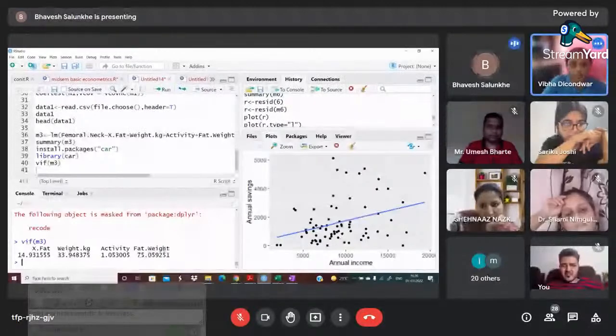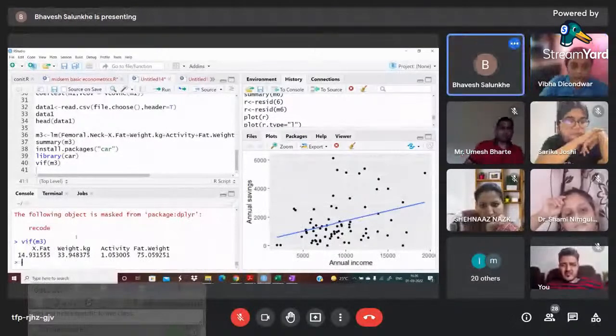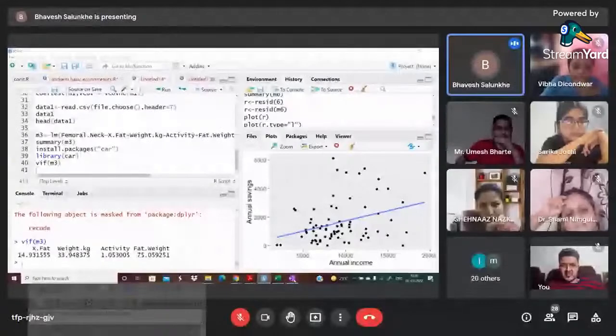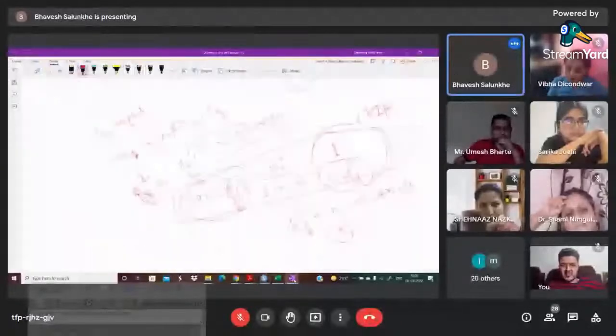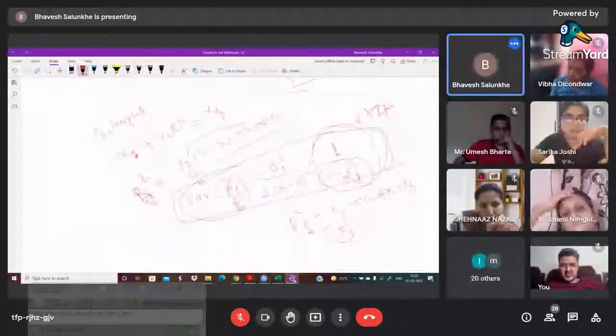Students, participants, please understand. These values are actually VIF. And what is VIF? This term, 1 upon 1 minus R square j. So the value of this whole term is these values which are calculated over here. These are the variance inflation factors.